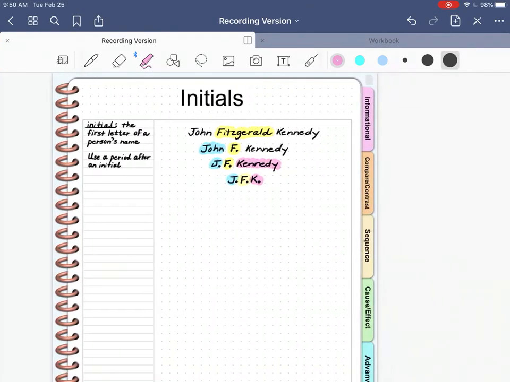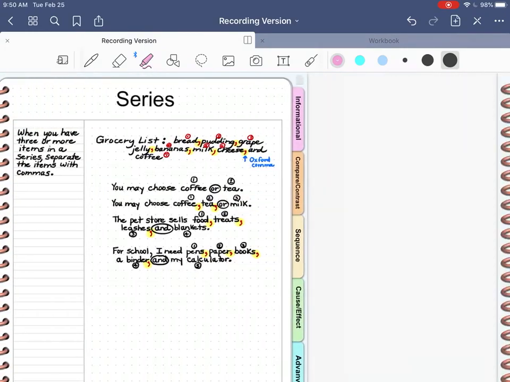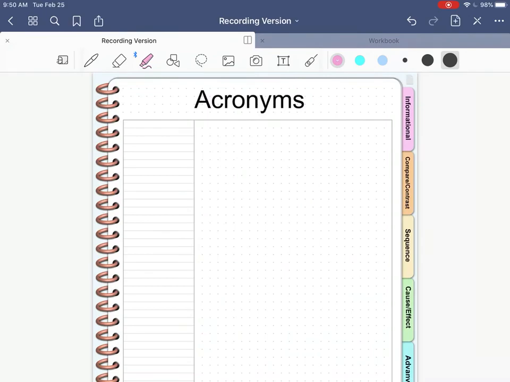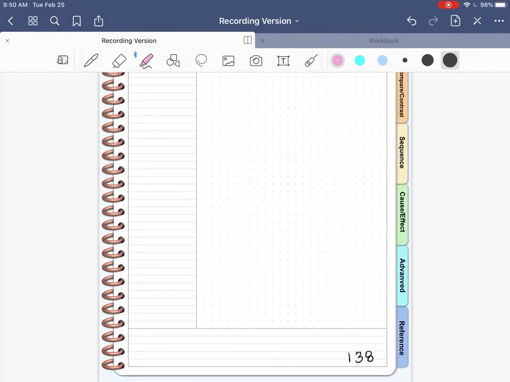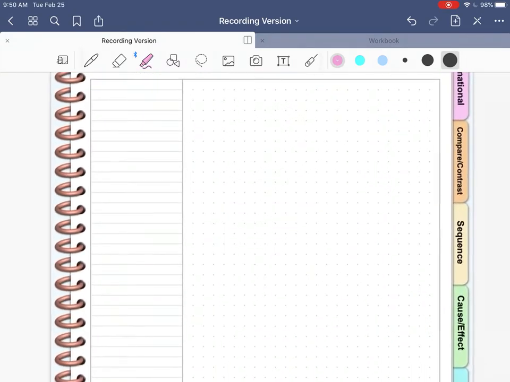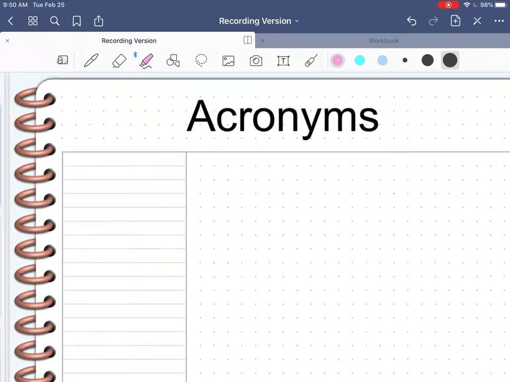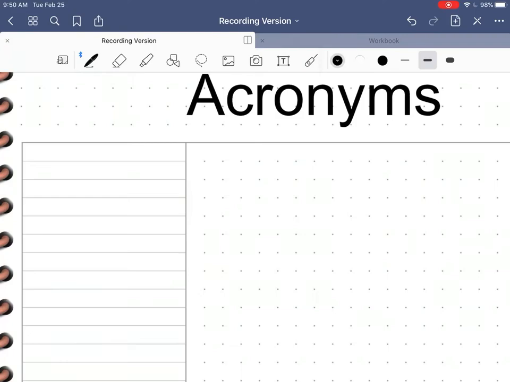Now let's turn over to page, sorry, I should have gone the shortcut. I bet it's the very last page of numbered pages. Page 138. This is about acronyms. And an acronym is similar to initials. It's the same concept, but the rule is just a little bit different. So let me tell you what an acronym is.